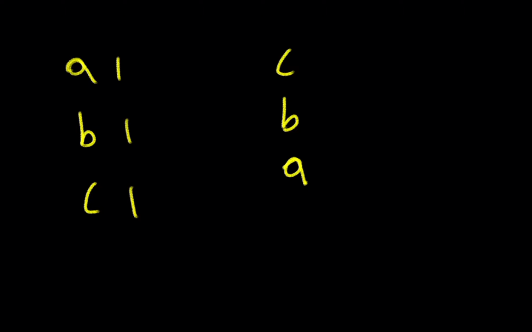So if we had something like ABC, this is gonna be pretty quick too. And CBA, there's only one A, one B, and one C. We're just gonna count them. 1, 1, 1.